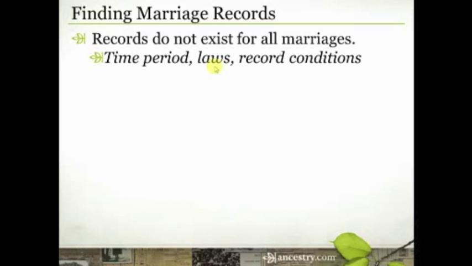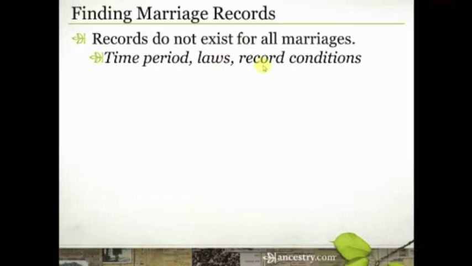There are also various laws governing marriage. So for example, African Americans in this country in particular, especially enslaved African Americans, were not allowed to marry in certain times in certain places. And so they had local customs and traditions that married them, but sadly, that was not a marriage that was recognized at the time.